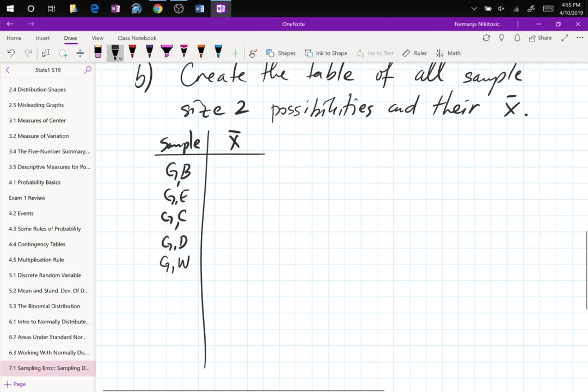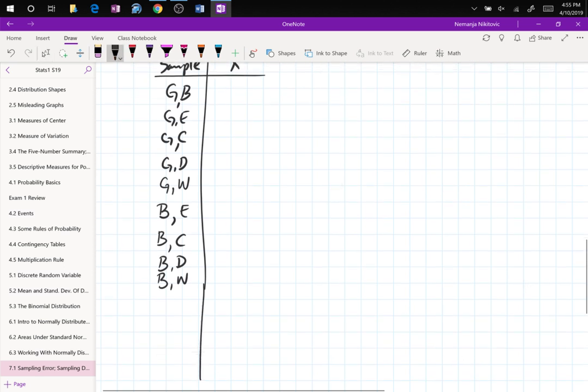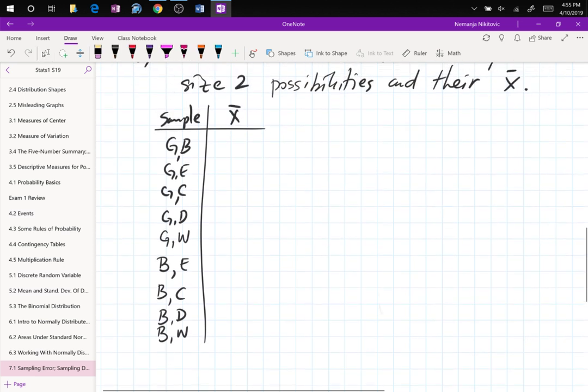Then we are going to go with Warren Buffett with B. Now, we're not going to go with Bill Gates now, because we already have Buffett and Gates right there, right? So we're just going to go down the list. So BE, BC, BD, and BW. Sample size 2 continued. Maybe I can do it on the side.